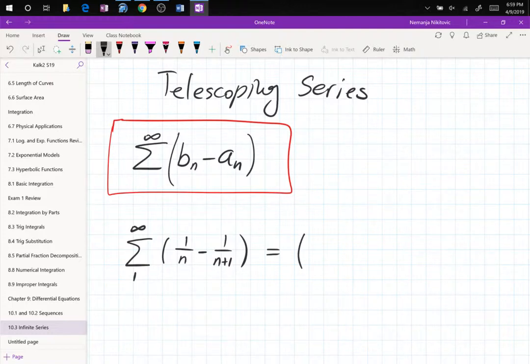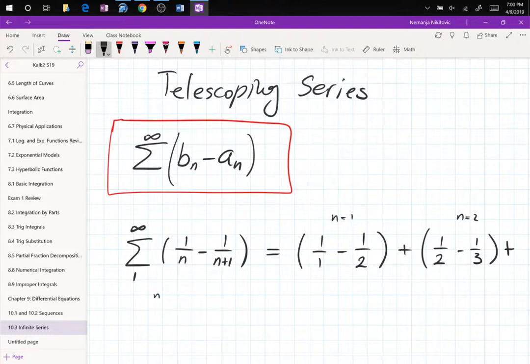The first one is 1 divided by 1 minus 1 divided by 2. Do we all agree on that? For the first term, I plug in 1, and this is what I get. Plus, now the next number that I have to use is n equals 2. So plug in that. That's going to be a half minus a third.